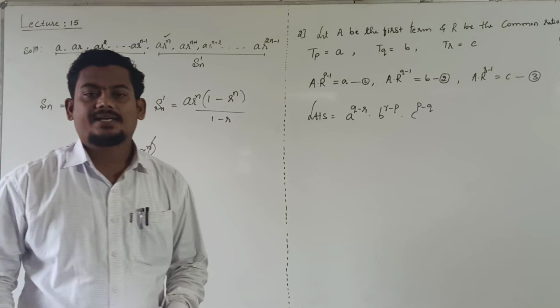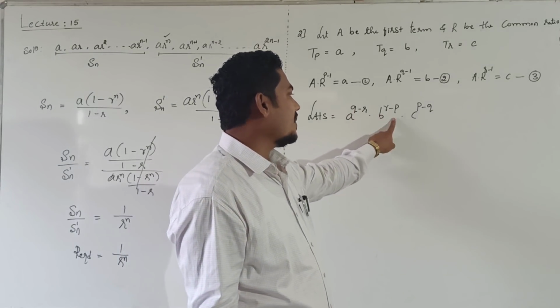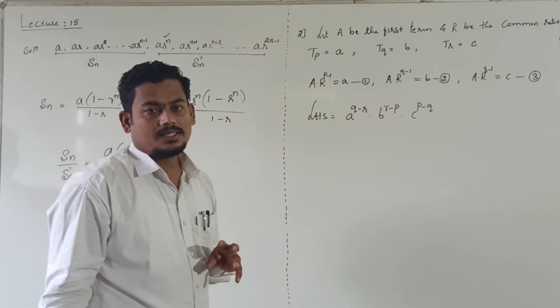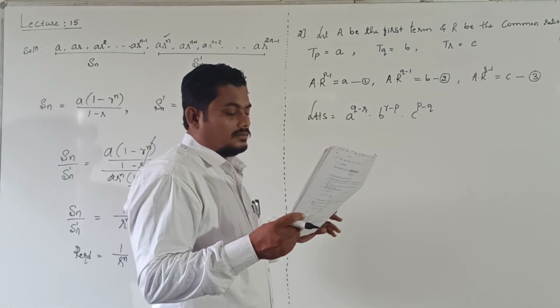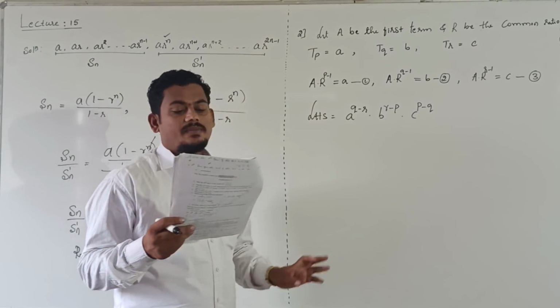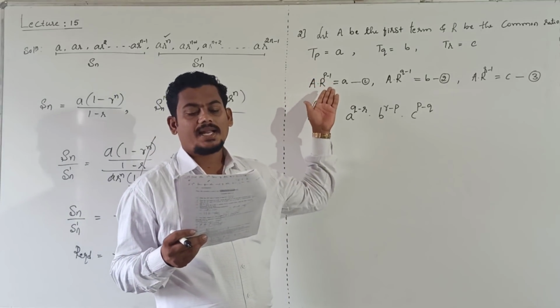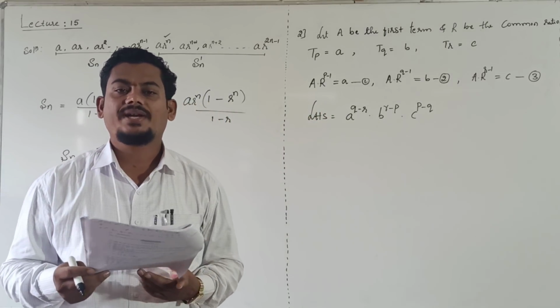It is our requirement. Show that a power q minus r into b power r minus p into c power p minus q equal to 1. This is the question, question number 22 in exercise 9.3.